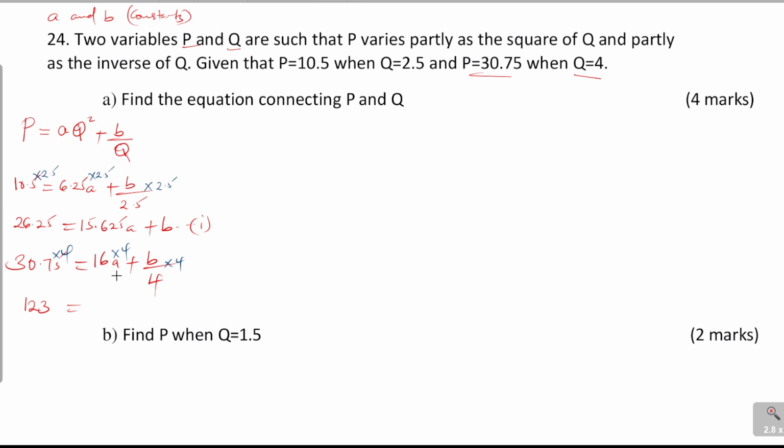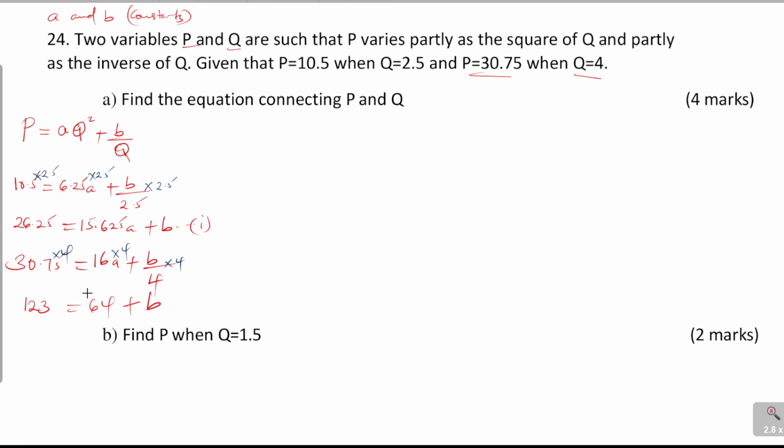This will give 64. So that will be 64a plus b, like that.